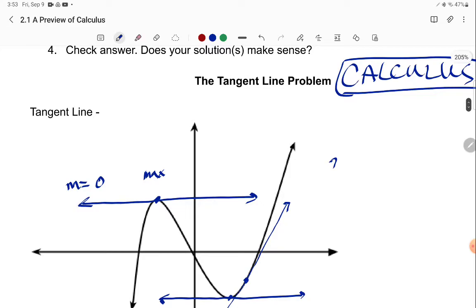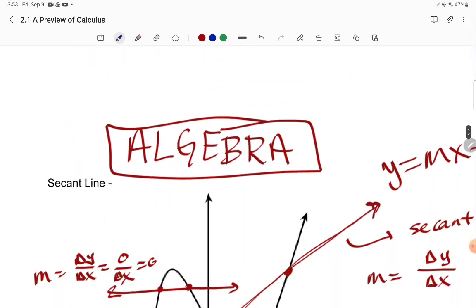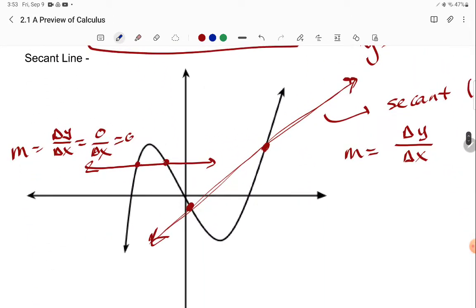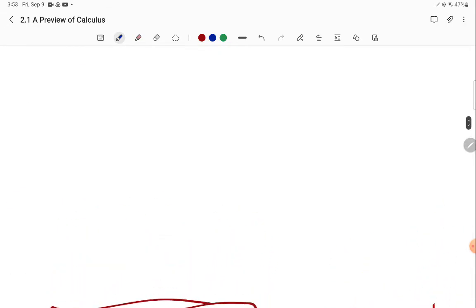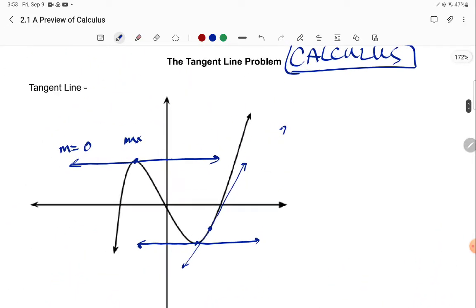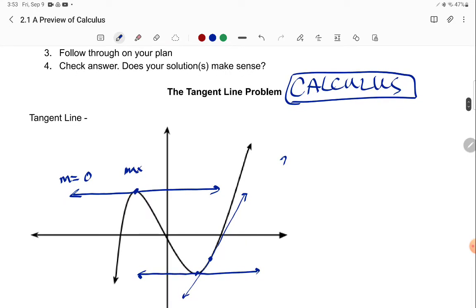So a tangent line is finding the slope at a single point, and that's what we're going to be studying in calculus. And down here, this is finding the slope between 2 given points on a line. There are many more real-world applications of single points. It would be like if you're trying to project the speed of a particle. You can't look and see, oh, that particle is going this many meters per second.